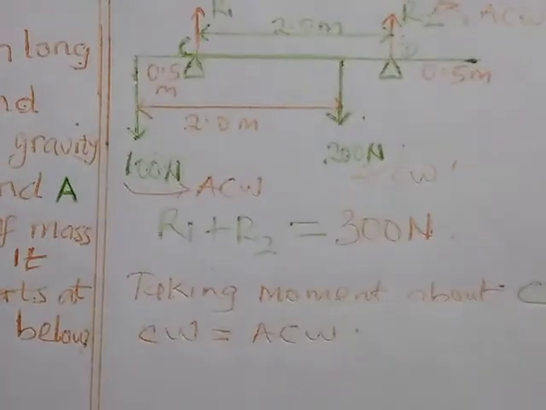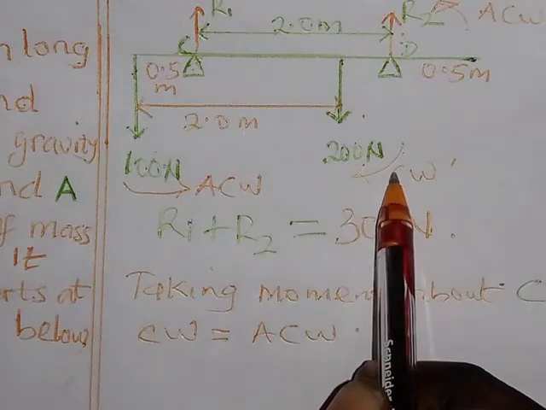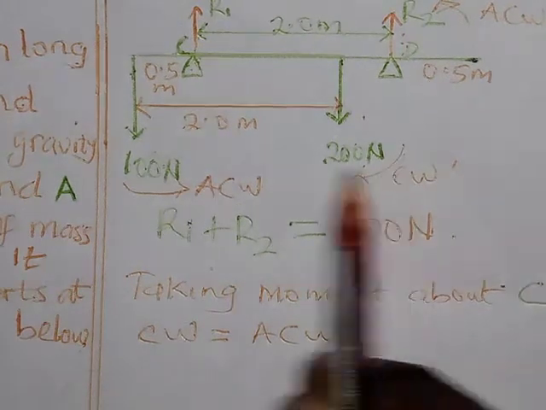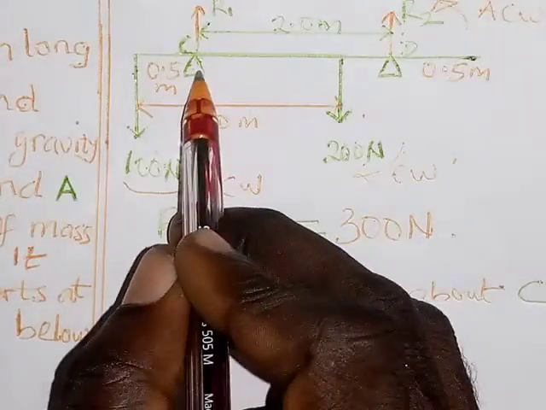So let's take that distance, the moment. The clockwise moment is 200 Newton force, that's the weight of the object, times the distance between this and this.